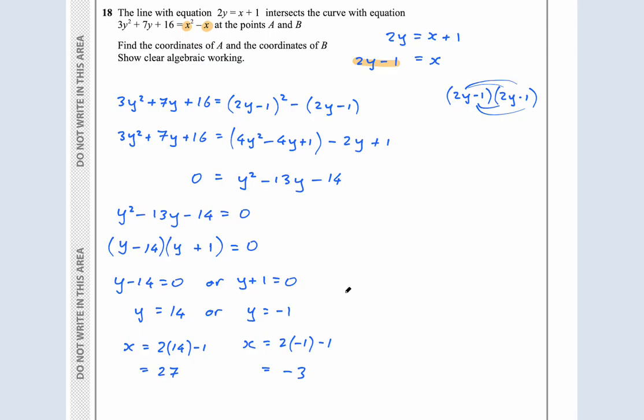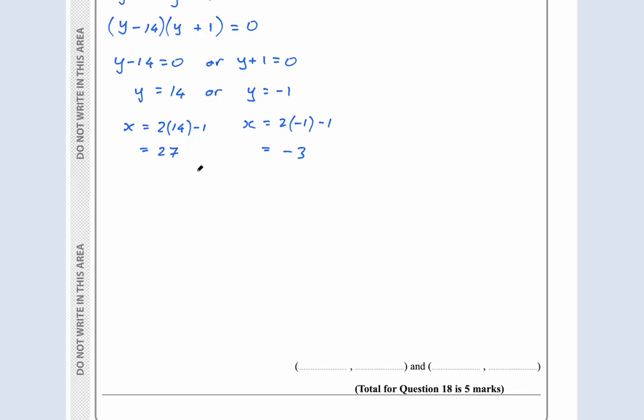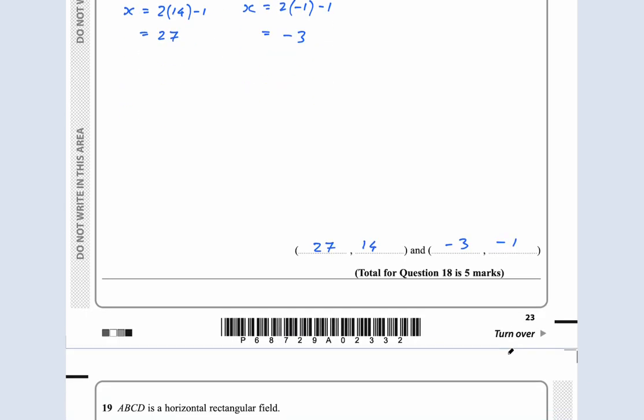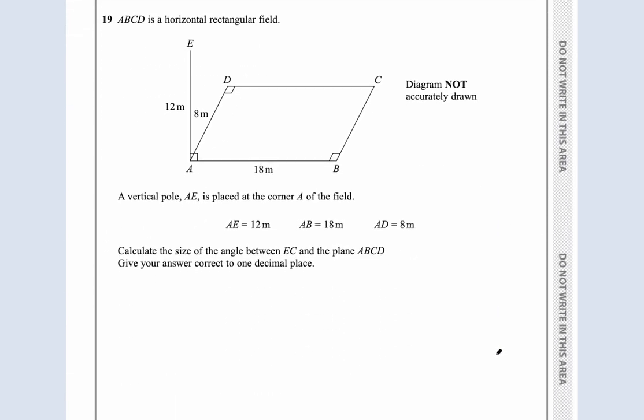So the coordinates of A and B are, just make sure, guys, you put the x first, 27, 14, and minus 3, minus 1. Okay, question 19.